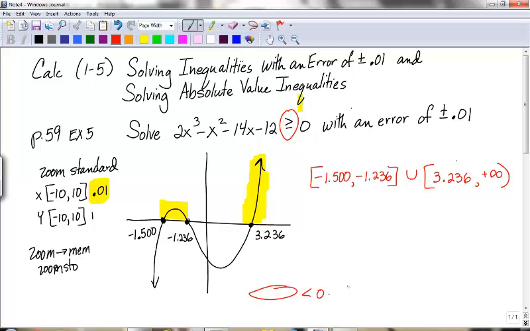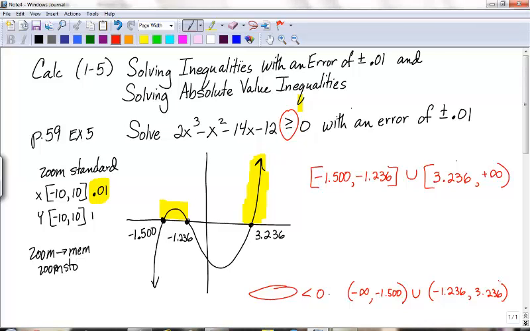Then it would be from negative infinity to negative 1.500, and less than would be parentheses. And then its union, it's also below the x-axis from negative 1.236 to 3.236. Okay, if it was a less than symbol.